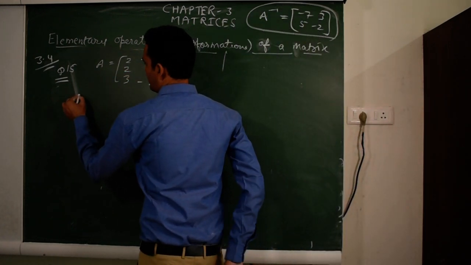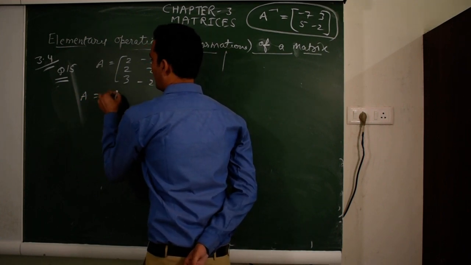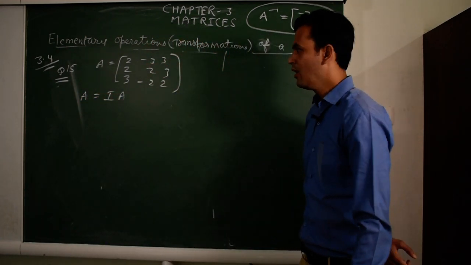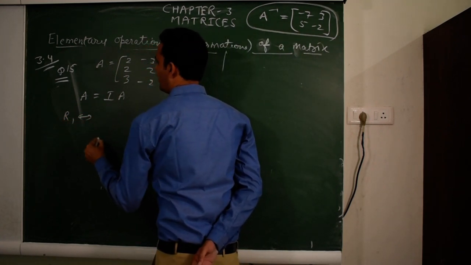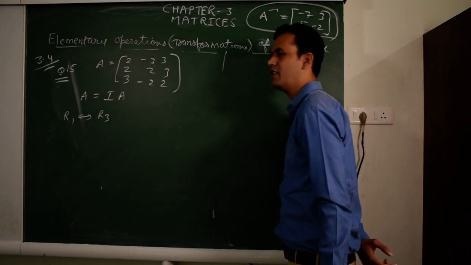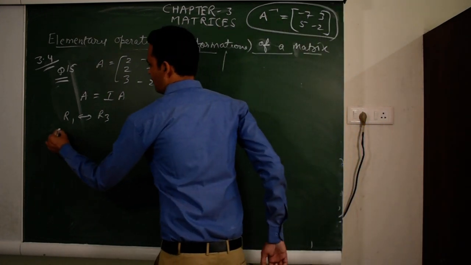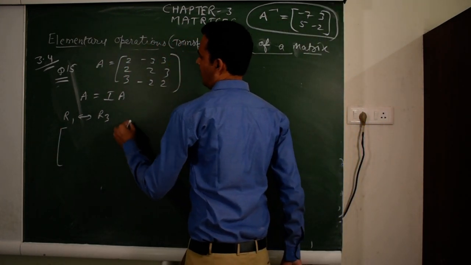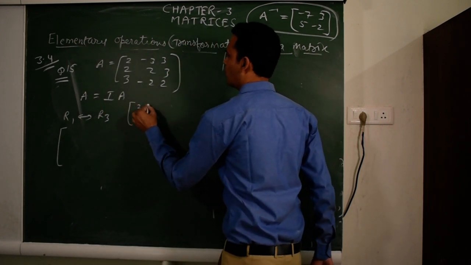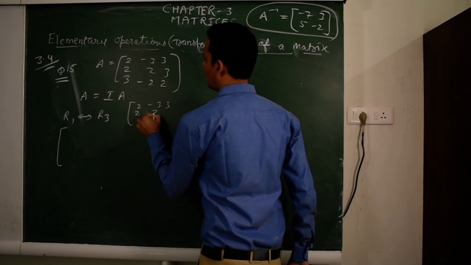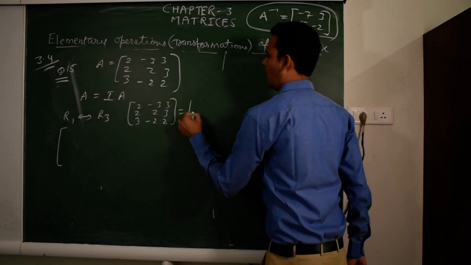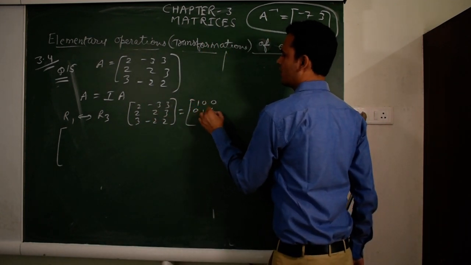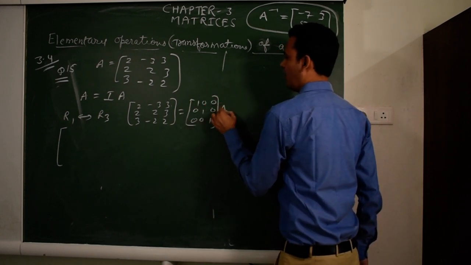So by row operations we solve it as A equals IA. So first we change R1 interchange with R3. So first we write it as 2 minus 3 3, 2 2 3, 3 minus 2 2 equals I, which is 1 0 0, 0 1 0 and 0 0 1, times A.